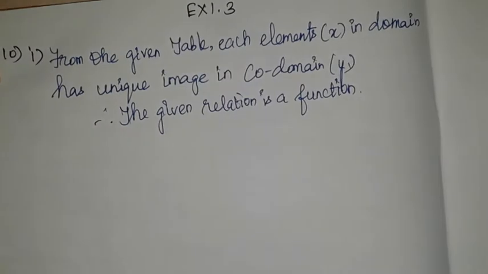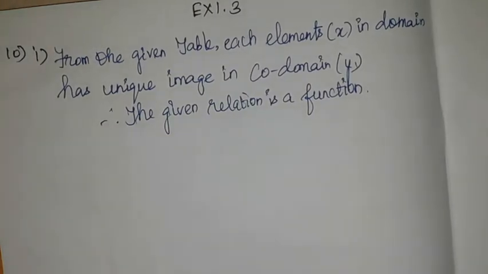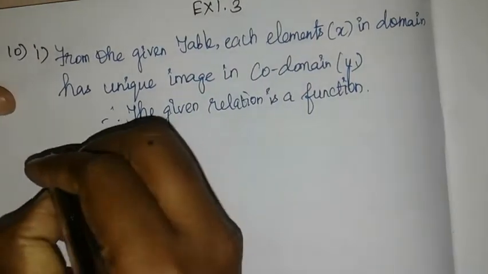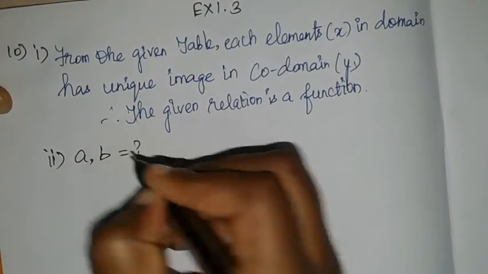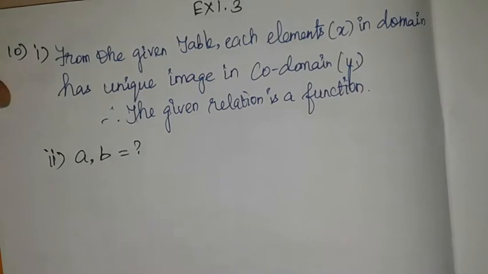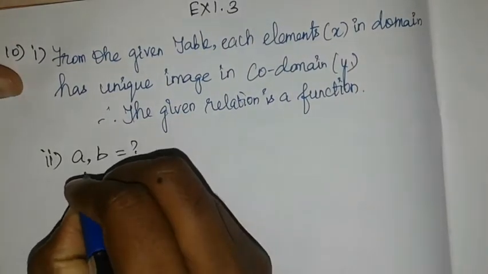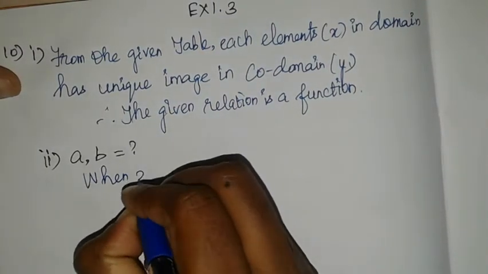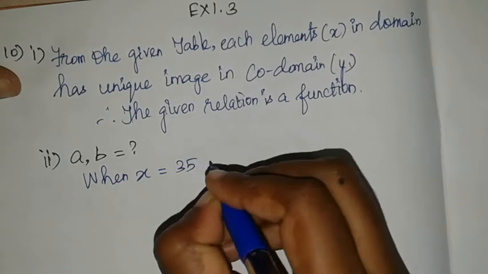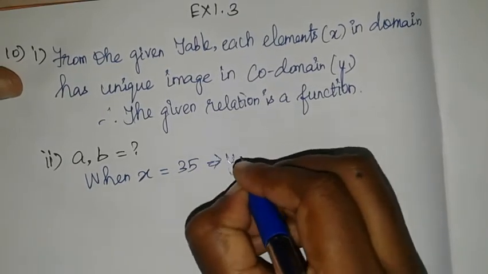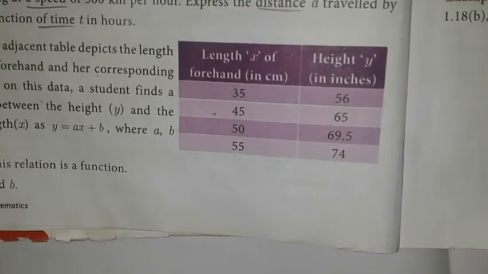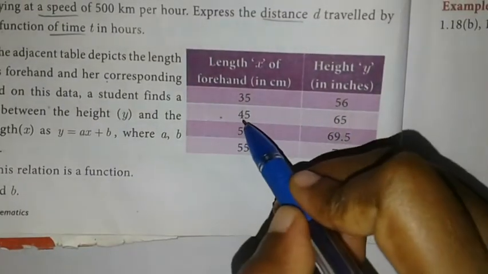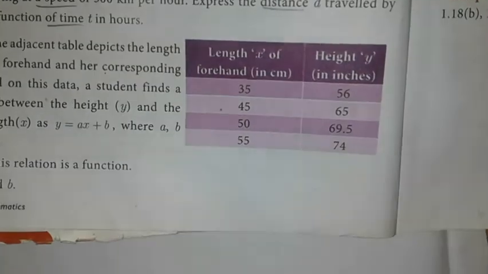Second subdivision. We have to find the a and b values. From the table, when x is equal to 35, y value is 56. In the table, 35, 56 are given and then 45, 65.